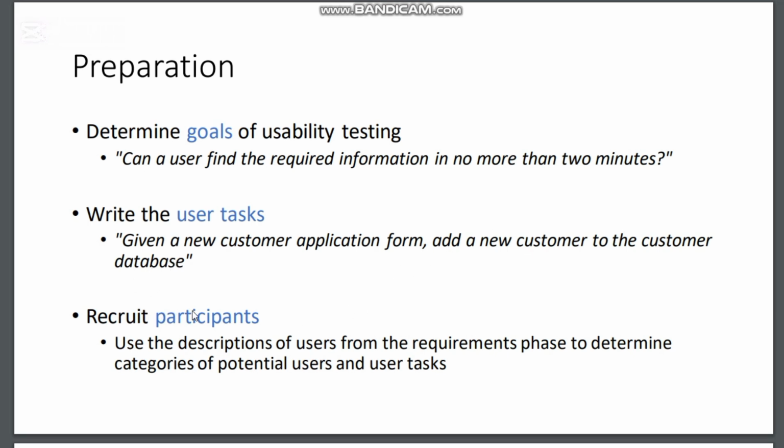Recruit participants. For each app we have a focus group, and we need to evaluate and analyze the product with the focus group. The focus group mainly contains 15 to 20 users, who belong to the audience that will be using the product in future.